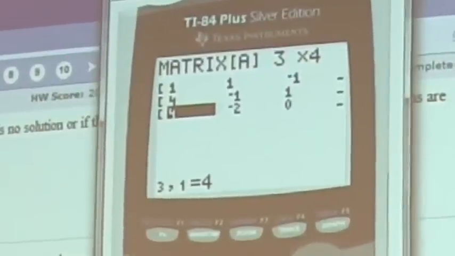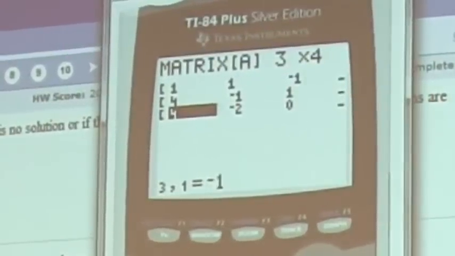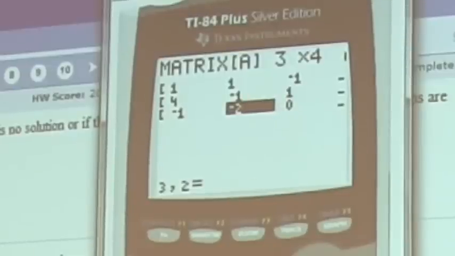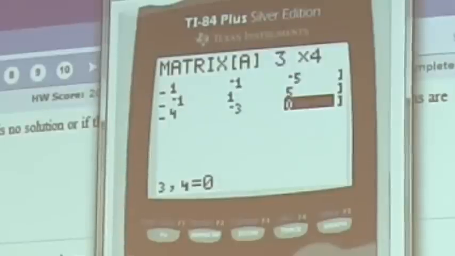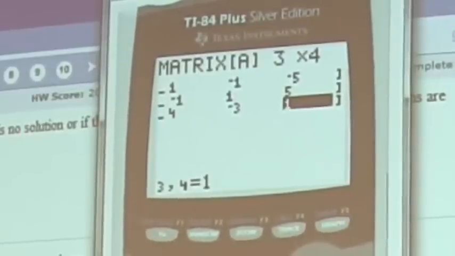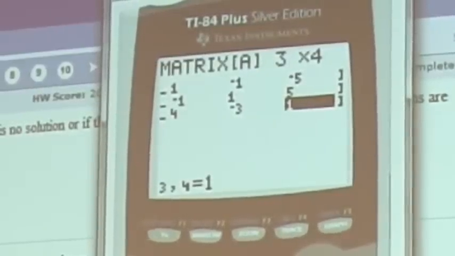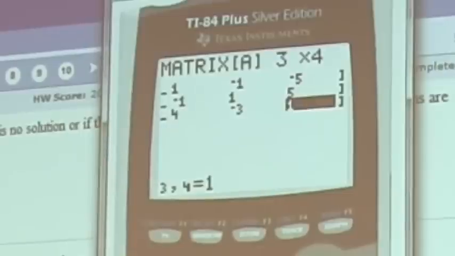And the third row is minus 1, 4, minus 3, and 1. Okay, so far so good? Does that answer the question so far?